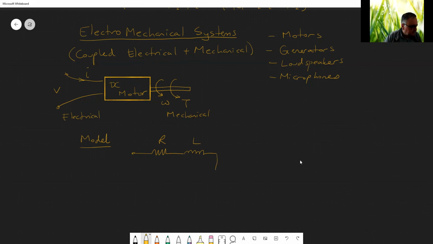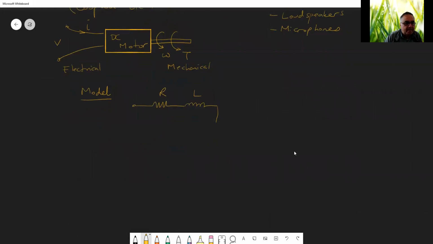Then the electrical motor is something like this, on both ends, and this is the motor, with a shaft rotating.